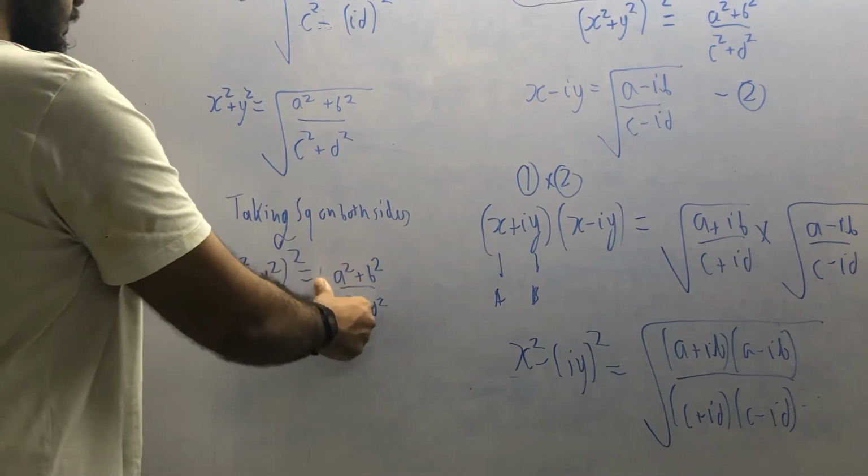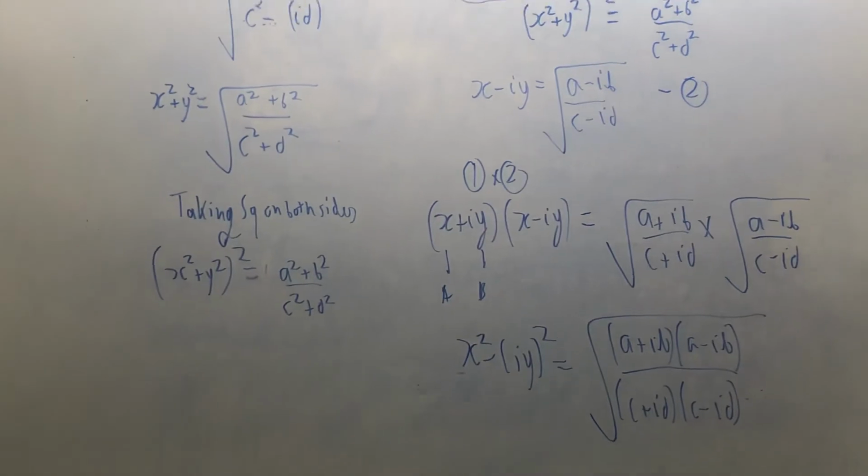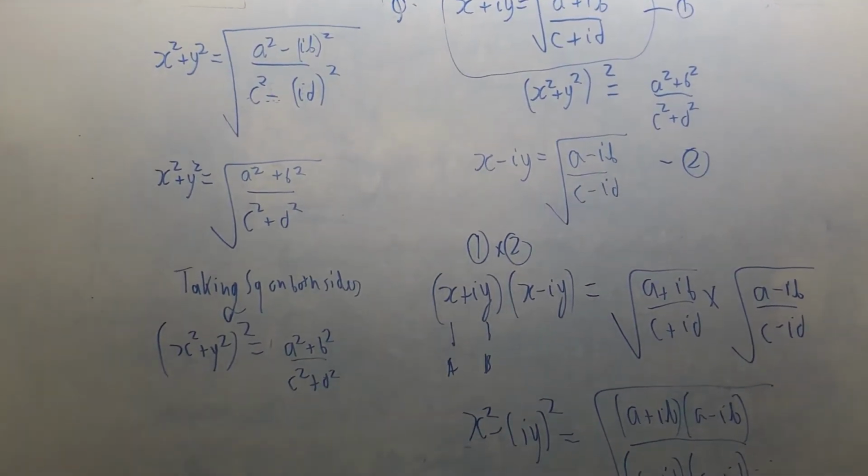Square root will disappear. So this is the answer. LHS is equal to RHS, hence proved. This is how you will do this question.